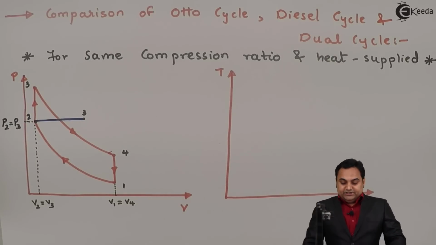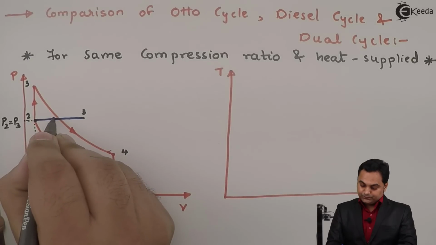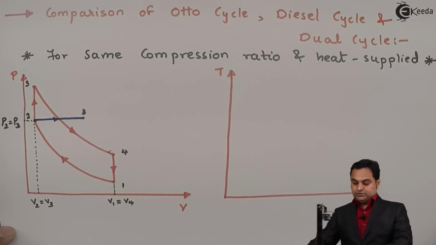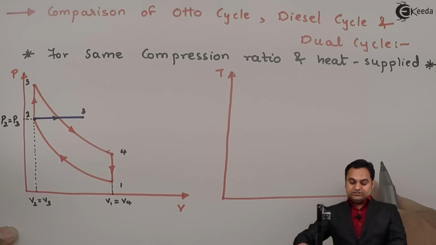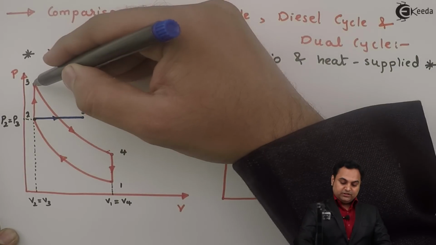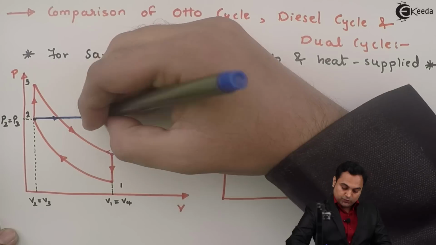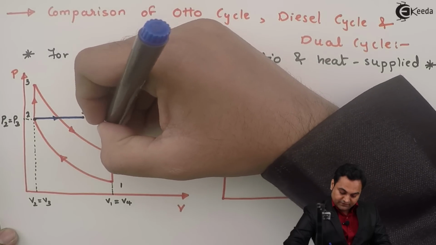Constant pressure heat addition. Next, after that, process 3 to 4 is isentropic expansion, like it was in Otto cycle. The similar expansion process will be there for diesel cycle as well.